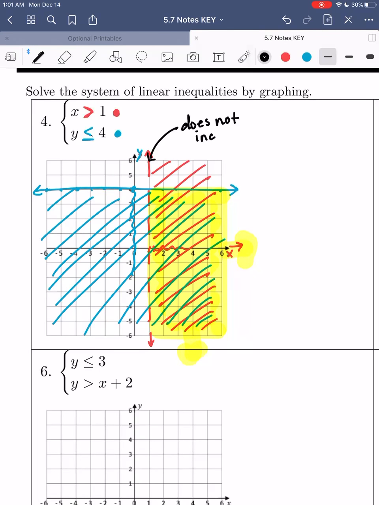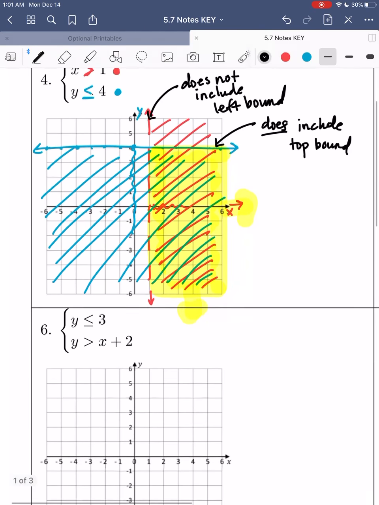Does not include the left boundary. But it does include this top boundary because that was solid.